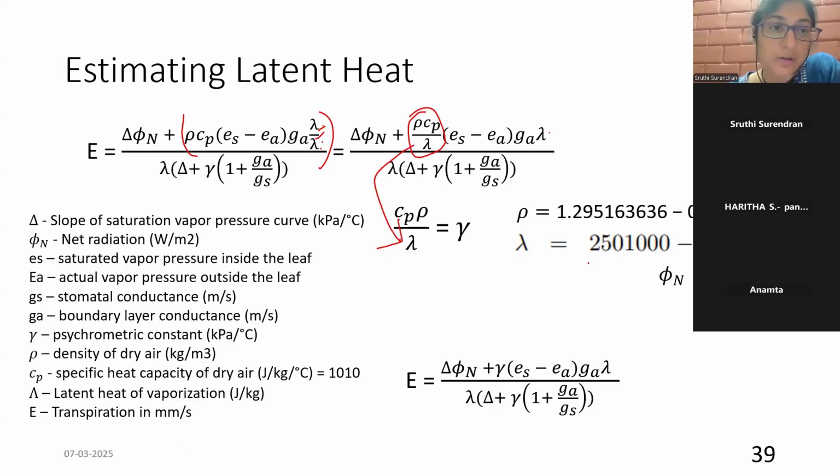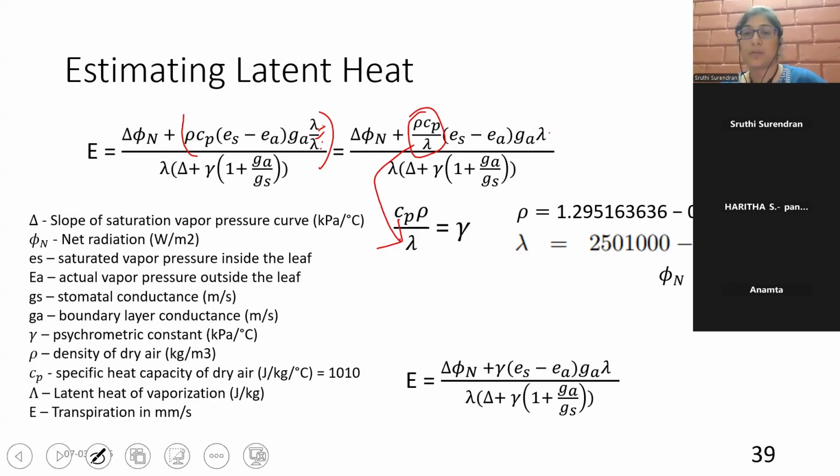So the psychrometric constant that is coming in the denominator is the product of the specific heat capacity of dry air and the density of dry air, divided by the latent heat of vaporization, and it is also a function of temperature. The specific heat capacity of dry air is 1010 joules per kilogram per degree Celsius, or joules per kilogram per Kelvin, it is the same value.